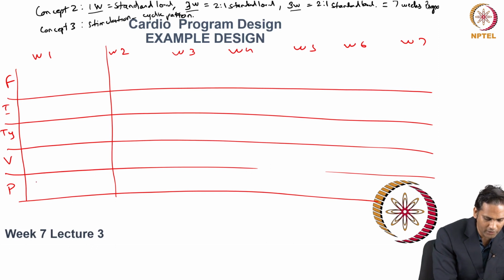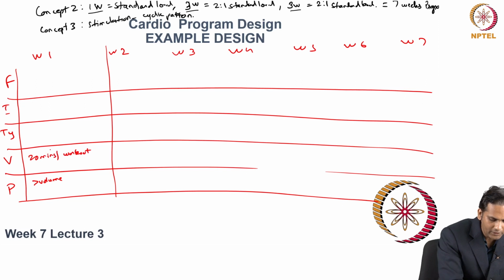So the progression here is with respect to greater volume, and that volume I defined as 20 minutes per workout. I choose to work out at an intensity of vigorous HRR, which is around 60 to 89% of HRR.